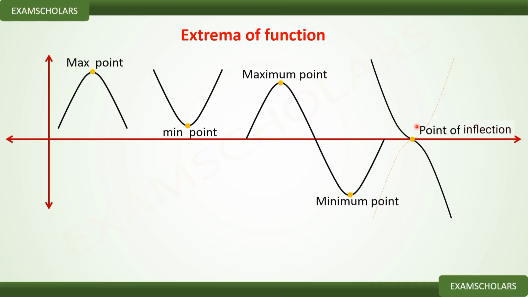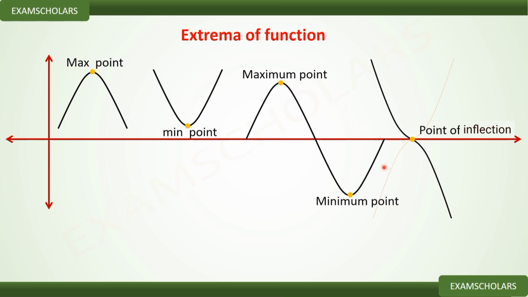It's not changing from positive to negative or negative to positive, but the curve is changing from being concave to convex or from being convex to concave. That point is now known as the point of inflection.